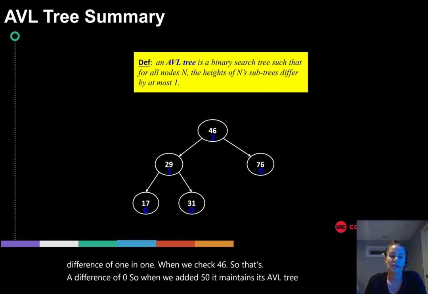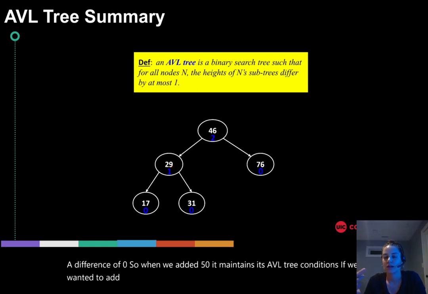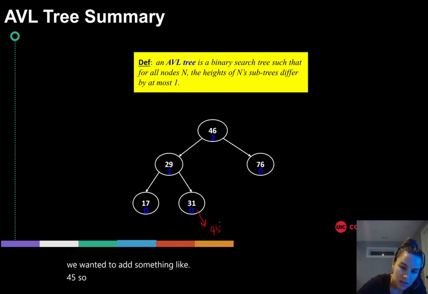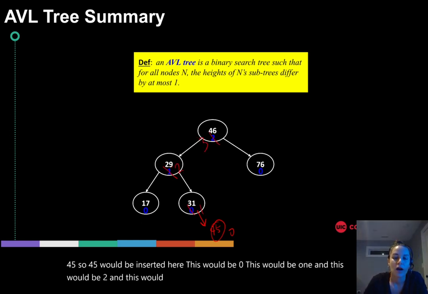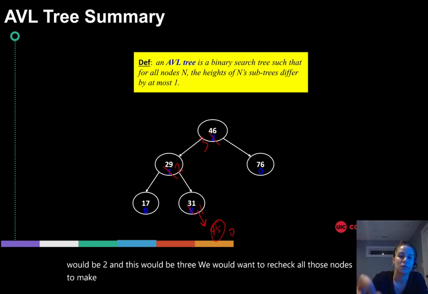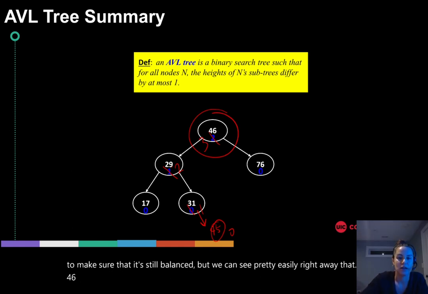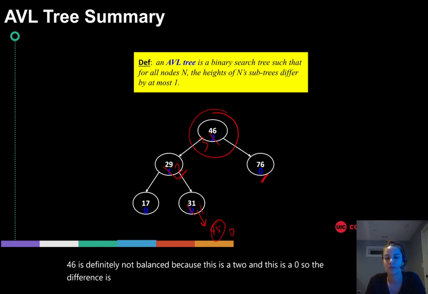If we wanted to add something like 45, so 45 would be inserted here. This would be 0, this would be 1, and this would be 2, and this would be 3. We would want to recheck all of those nodes to make sure that it's still balanced, but we can see pretty easily right away that 46 is definitely not balanced because this is a 2 and this is a 0, so the difference is 2, so the AVL condition is broken.